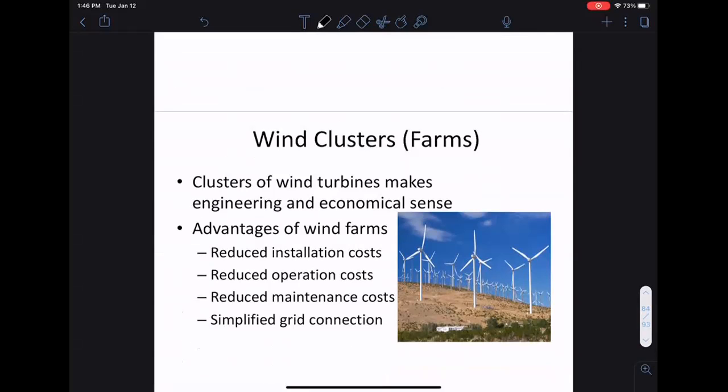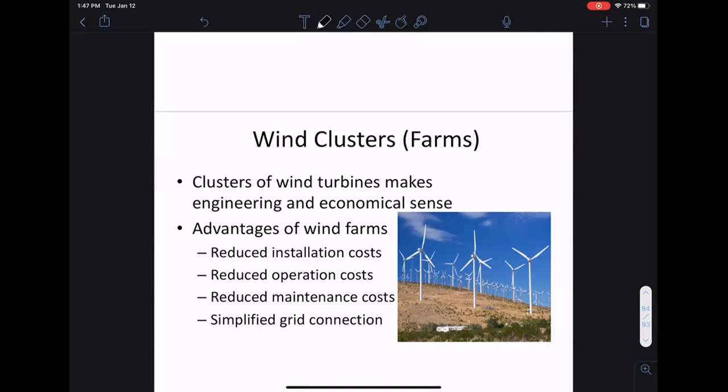Instead of installing one turbine and pulling a transmission line to it, then installing another turbine somewhere completely different and pulling another transmission line to it, you just concentrate them all together, so it's economically much cheaper. A lot cheaper maintenance cost, right? You can do all the maintenance together. The grid connection is quite simple. So now we basically want to have large farms. It makes economically much more viable to have large farms.